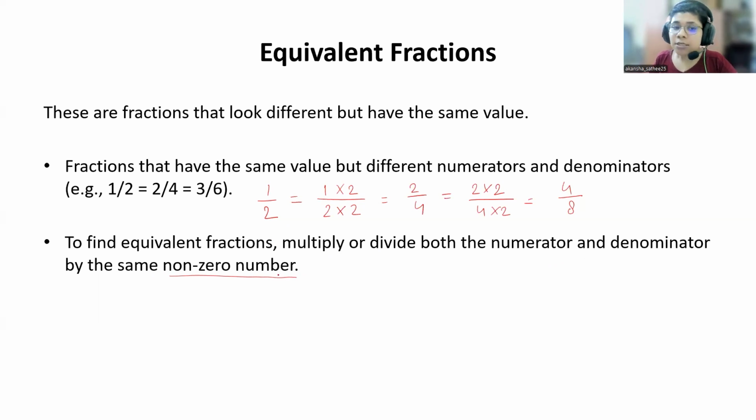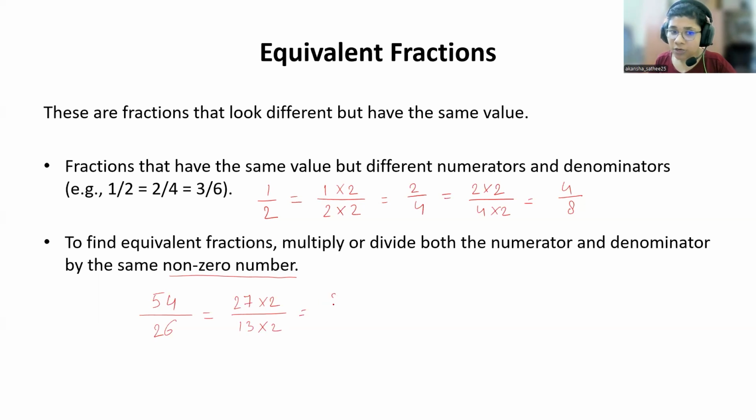Why do we need it? Sometimes your answer will be in the form of, let's say, 54 by 26. This is your answer. But we don't want it. We want to simplify it. Now you can see that you can write this as 27 into 2 and 13 into 2, right?